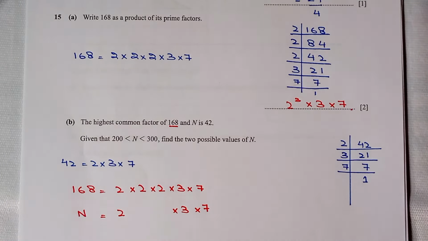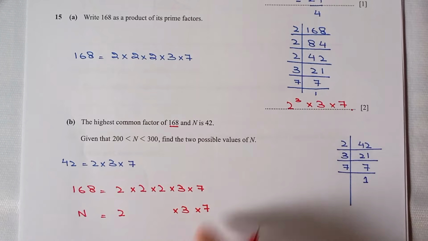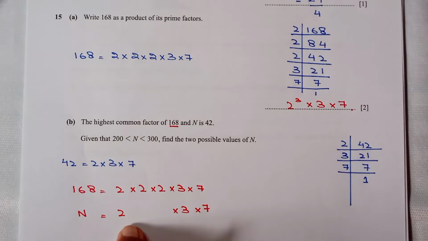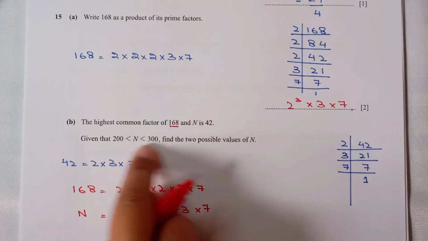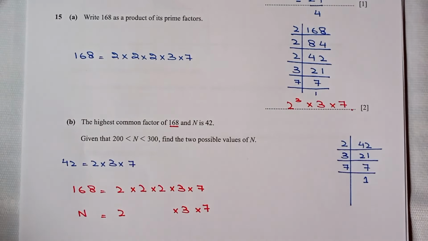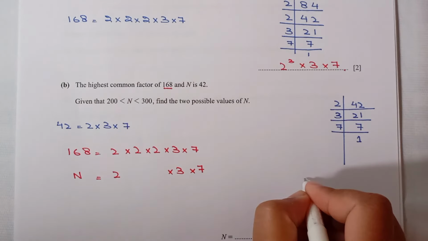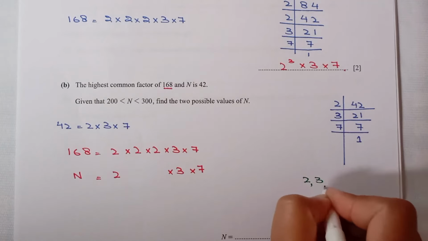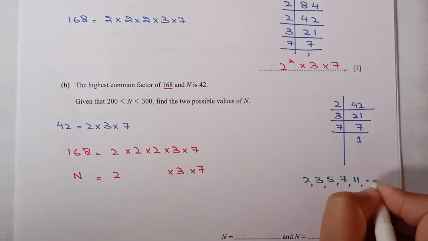Because in HCF, keep in mind that we need to make the pairs like 2, 3 and 7. Okay, so we cannot take the number n as 42 because 42 does not lie in the range of 200 and 300, right? So let me write down the other prime numbers. The prime numbers can be 2, 3, 5, 7, 11 and so on.